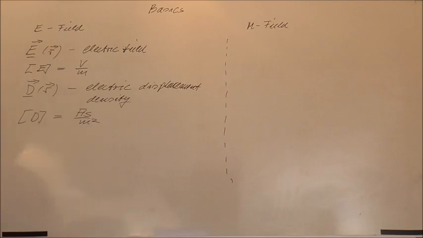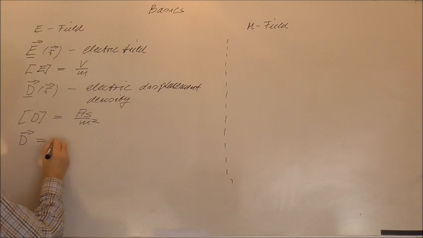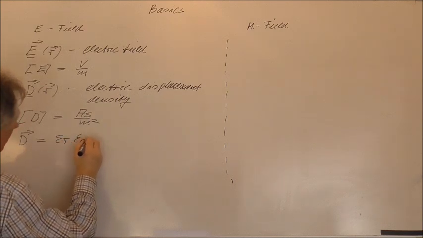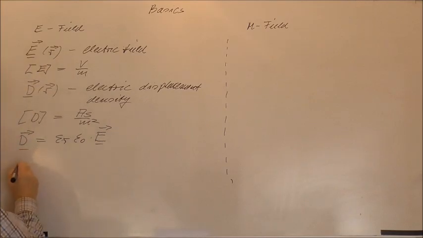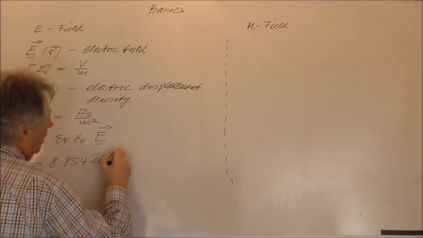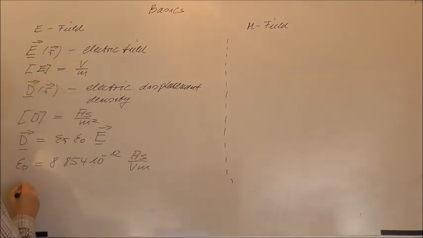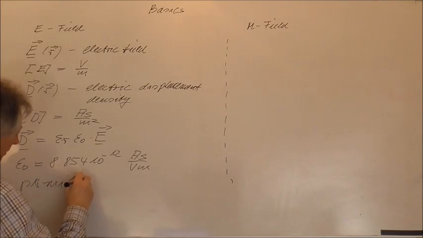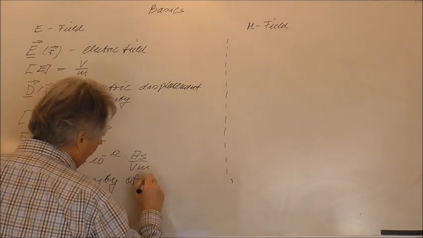The relation between the D field and the E field is given by D equals epsilon r times epsilon naught times the E field, and we have epsilon naught, which is 8.854 times 10 to the power of minus 12 ampere seconds per volt meter, and it's called the permittivity of free space.